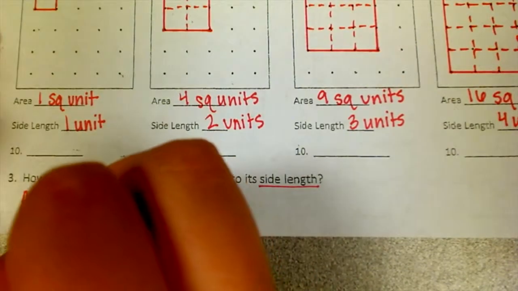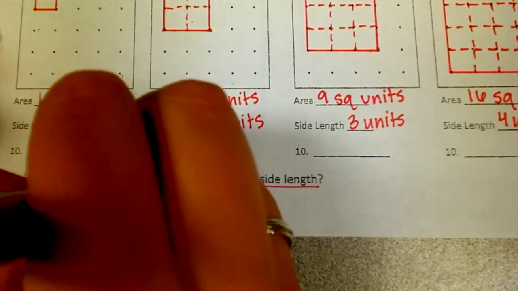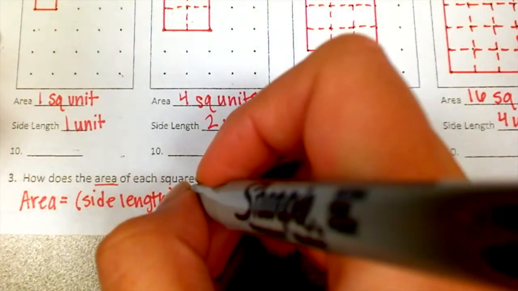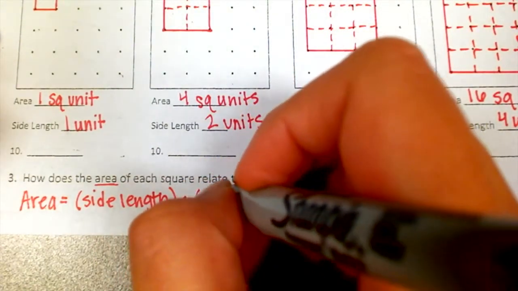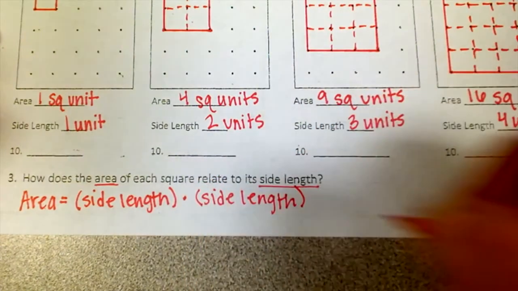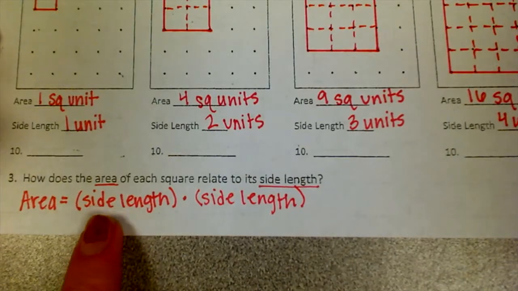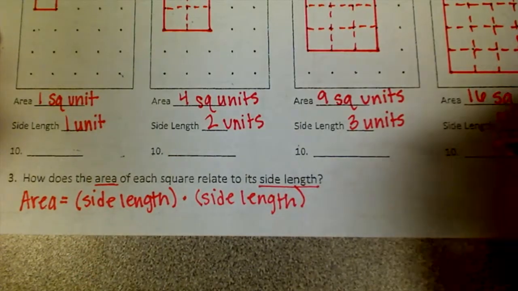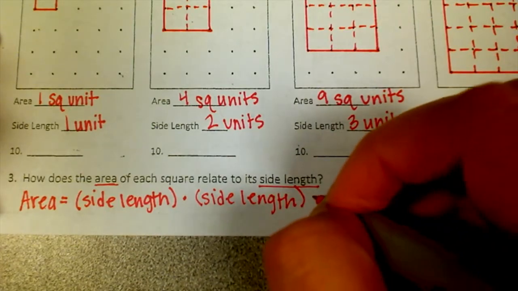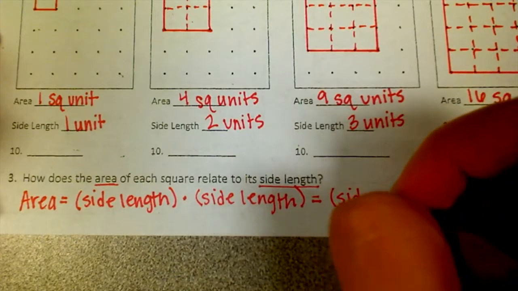So it's going to just be your side length times the side length. There's a much nicer way to write this so that we don't have to write side length 2 times and without abbreviating anything. And it would be what? Side length squared, absolutely.